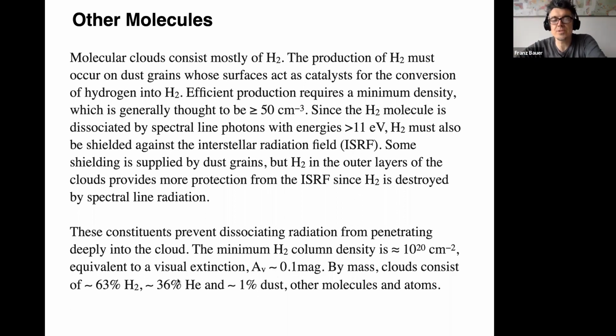clouds. Generally speaking, a molecular cloud might consist of about 63% H2, 36% He, and about 1% dust. And then just trace other, a few less than 1% other molecules and atoms.